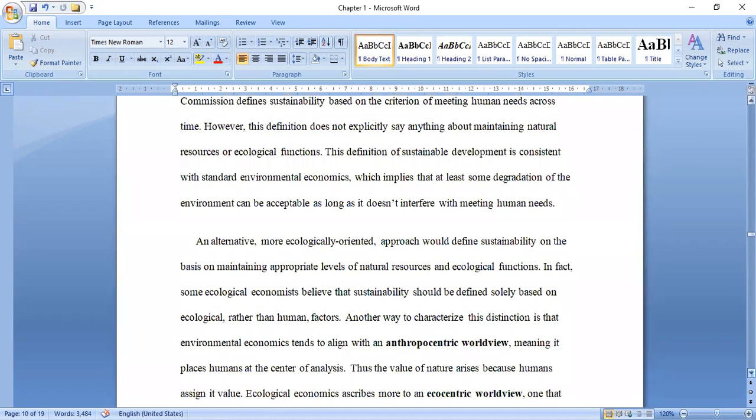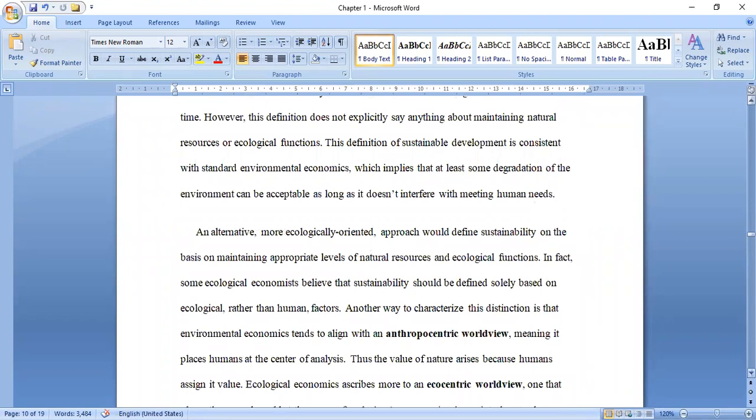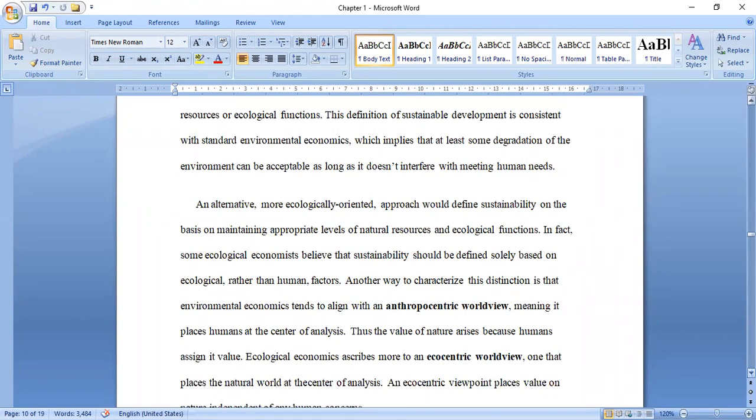So remember that we want to differentiate between environmental economists and ecological economists. Environmental economists are anthropocentric in nature, right? And what have we seen anthropocentric in nature means?